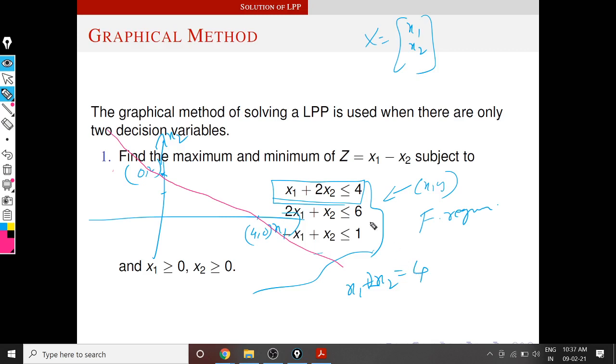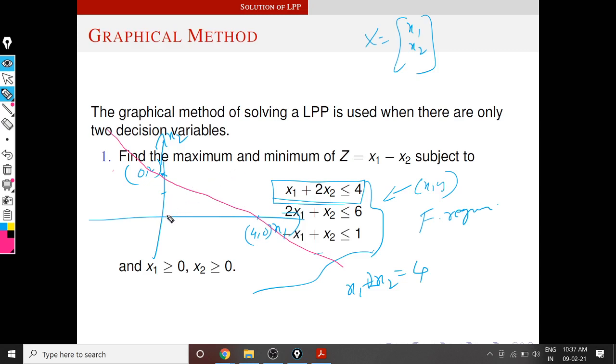Actually we have to find the region x1 plus 2x2 is less than or equal to 4. So either this side or this side. A region is either left or right of a straight line. So how to find which region represents this inequation? By simply substituting the origin. Normally the origin belongs to one region or the other.